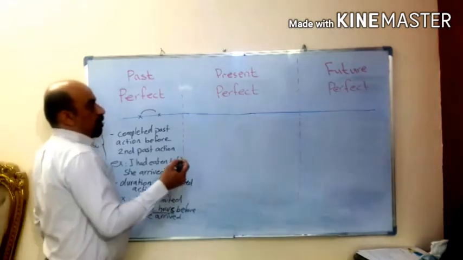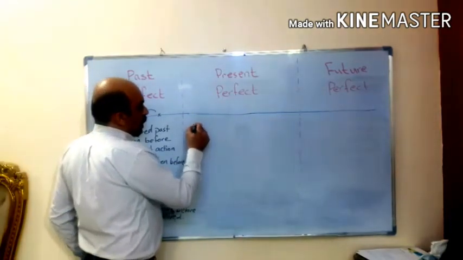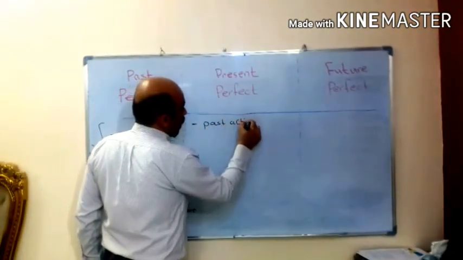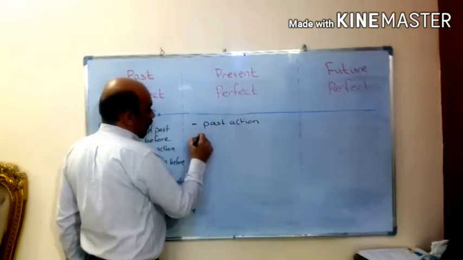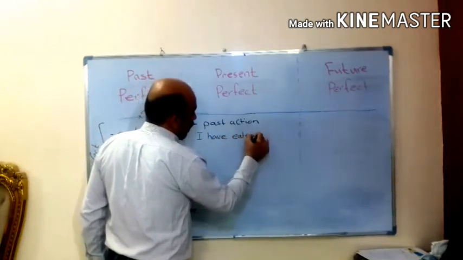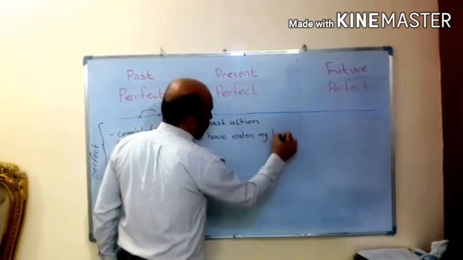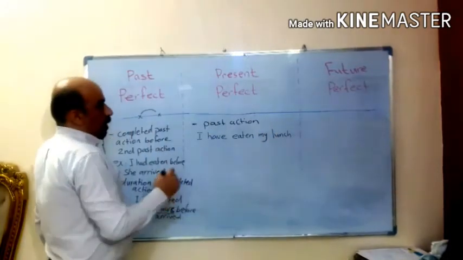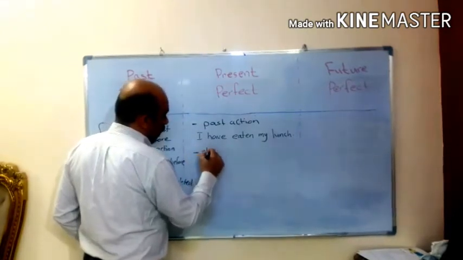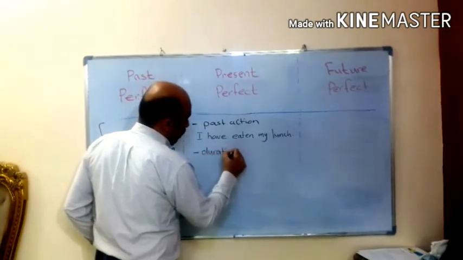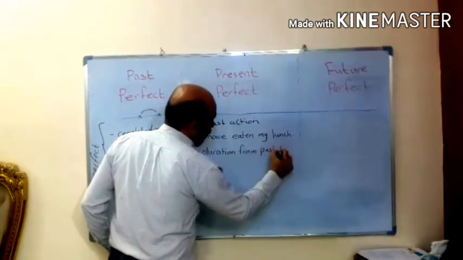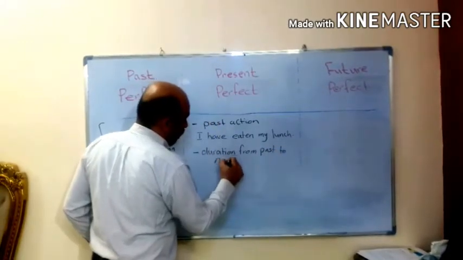Now moving to present perfect. Present perfect may refer to a past action. For example, I have eaten my lunch. The present perfect may also refer to a duration from past to now.